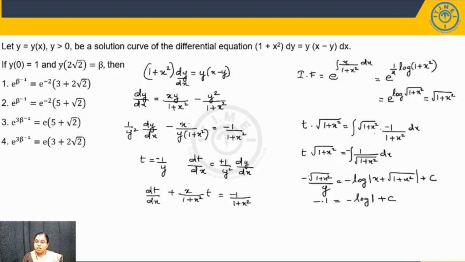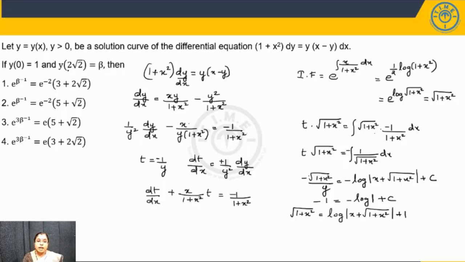Here log 1 is 0, so therefore c is −1. So all negatives will become positive and we'll get √(1 + x²)/y = log(x + √(1 + x²)) + c, and c is −1, so minus of minus 1 will become plus 1.